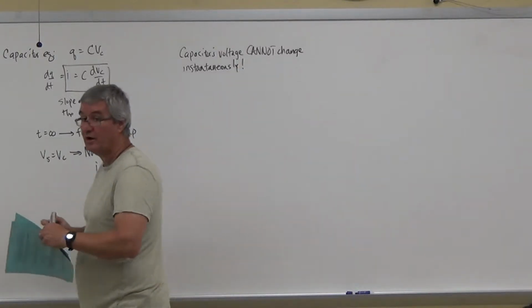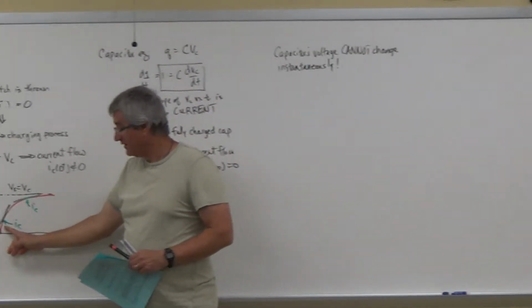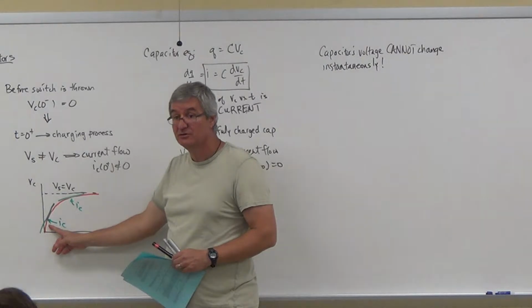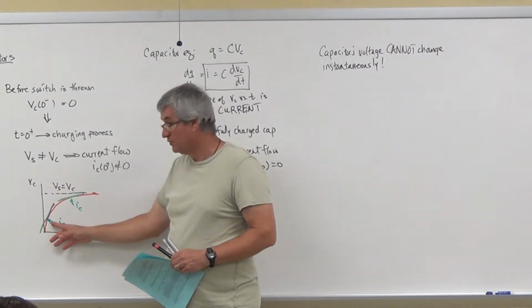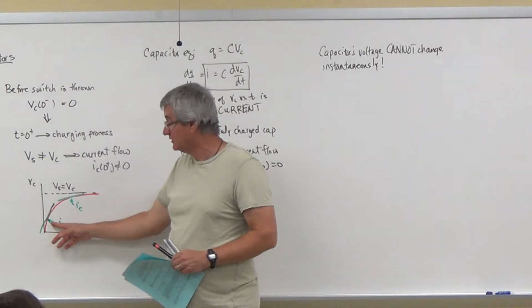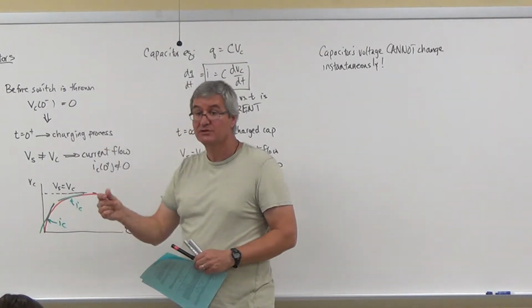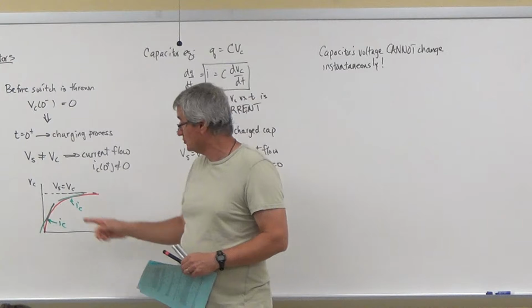So when you look at this curve, it tells us that initially there is a very quick charge, but I can't instantly go up to the voltage of the source.